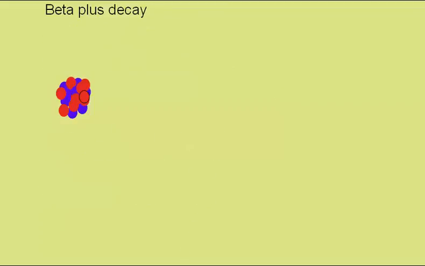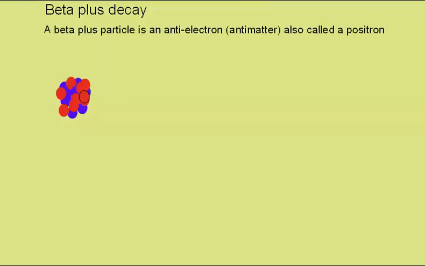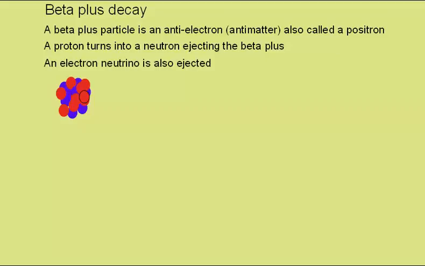Beta plus decay. In this case, a beta plus particle, which is an anti-electron, antimatter, often called a positron, is emitted. In this case, a proton turns into a neutron, ejecting the beta plus. An electron neutrino is also ejected.